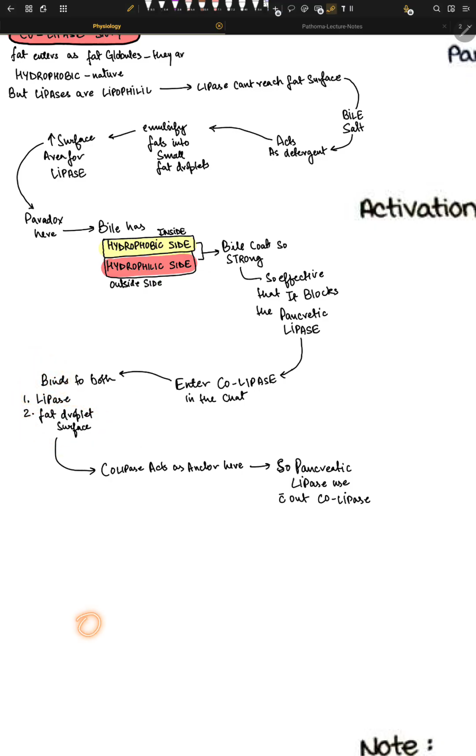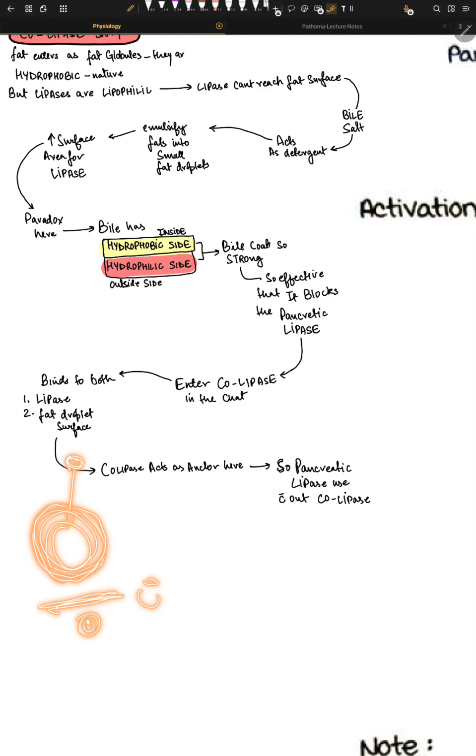So we have this lipase, and we have this fat droplet. It is coated by a hydrophilic and hydrophobic side. This is the hydrophilic side, this is the hydrophobic side. And this lipase is bound to this fat surface with the help of colipase.